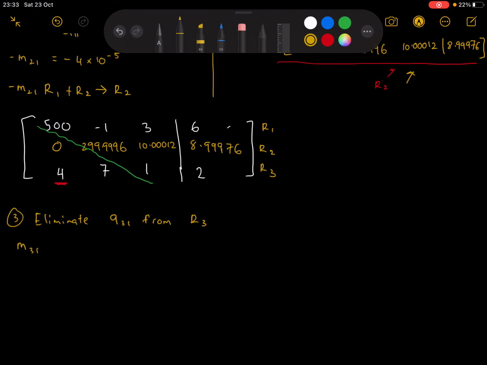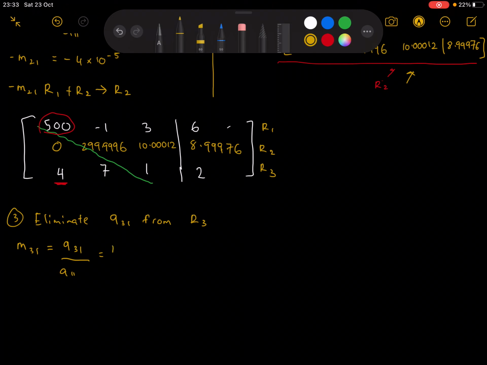So M31 is equal to A31 divided by its diagonal element, which is A11.